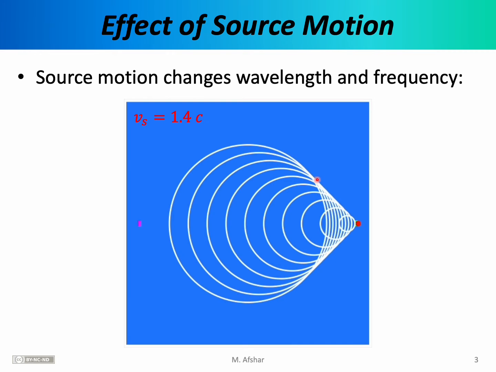I'm describing this shape behind the source as triangular, but of course in three-dimensional space this would be a cone. So if you imagine that the blue space is air and that the source is an airplane, let's say a supersonic jet, then this triangular region behind the jet would basically be a cone.